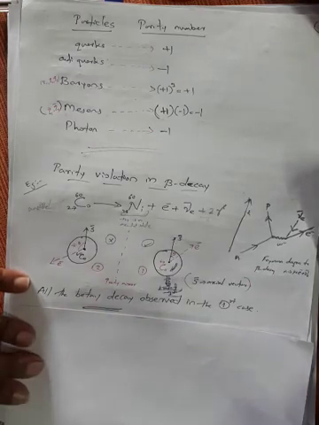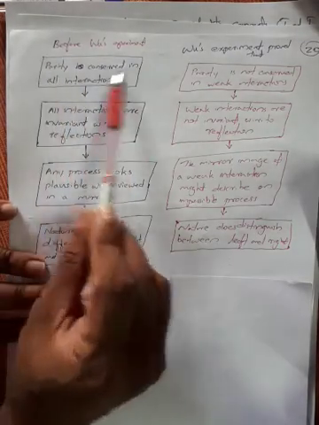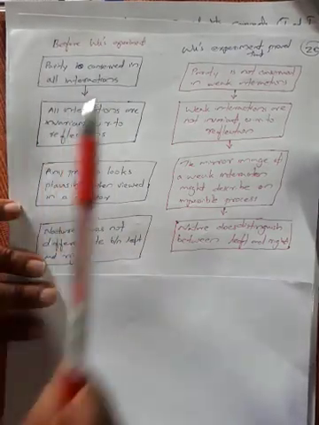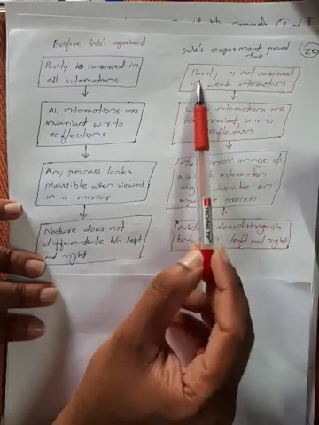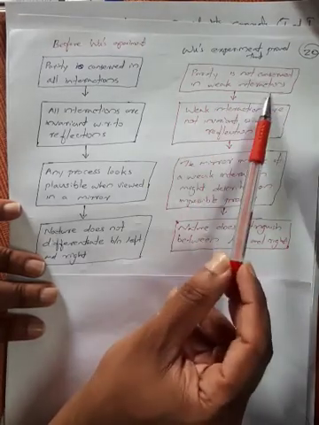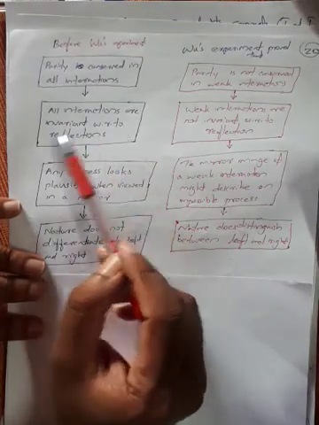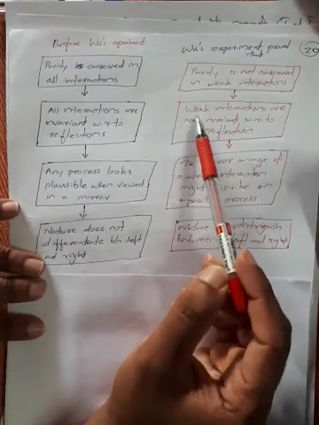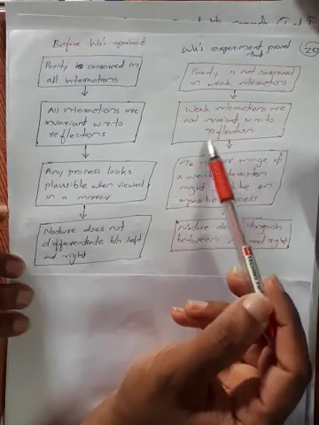After Wu's experiment, there are certain things we have to change. Before Wu's experiment, parity was conserved in all interactions, but after Wu's experiment it was proved that parity is not conserved in weak interaction. Second, all interactions were thought to be invariant with respect to reflection, but after Wu's experiment we understood that weak interactions are not invariant with respect to reflection.